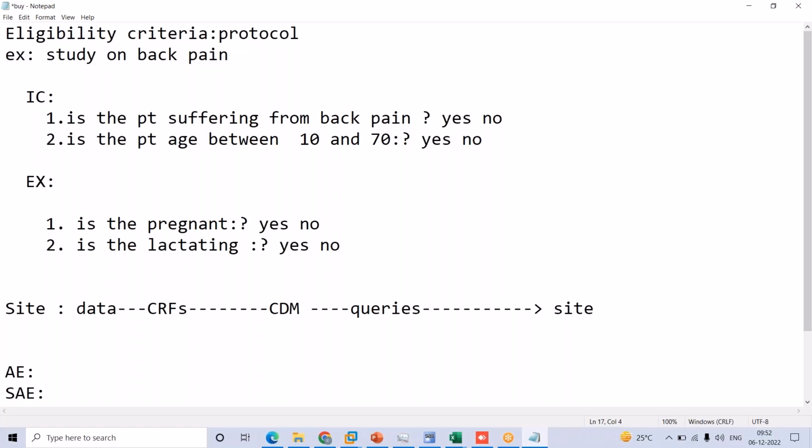An adverse event is an unwanted, unintended, untoward medical occurrence.